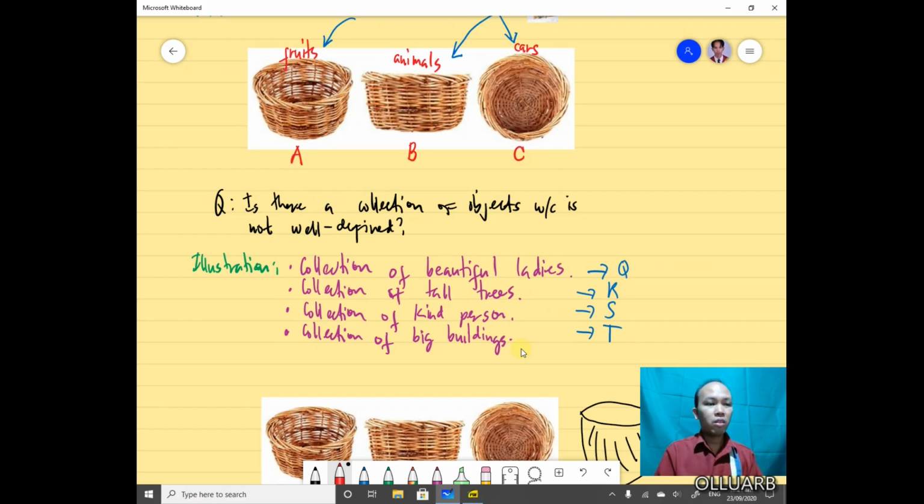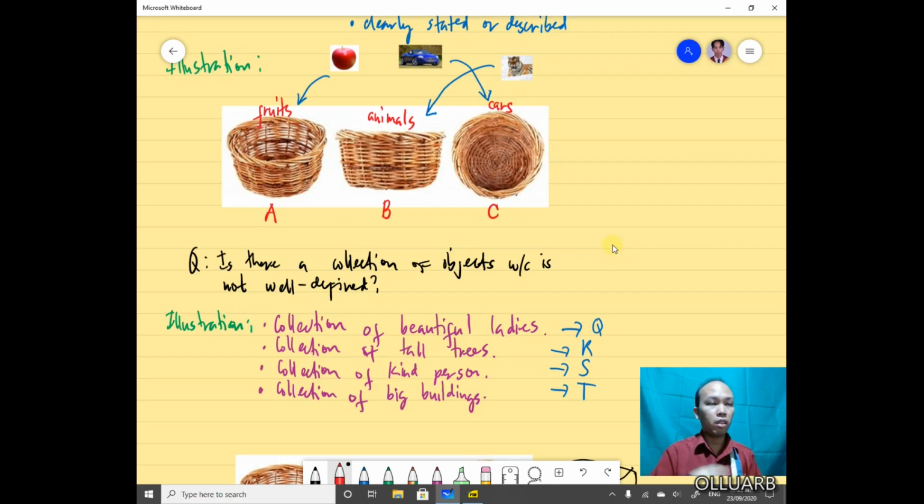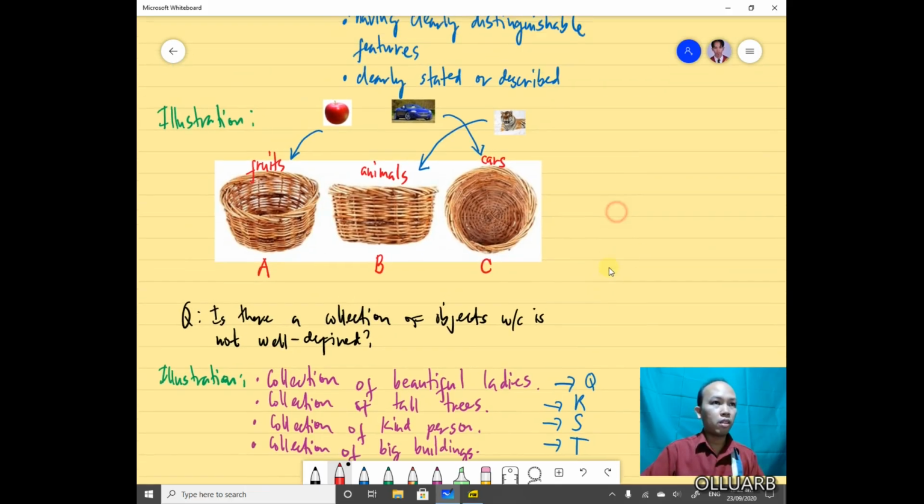So that's clearly vague, or not clear. So as you can see, I discussed the notion of a set clearly, and I hope you understand the meaning of the word set.